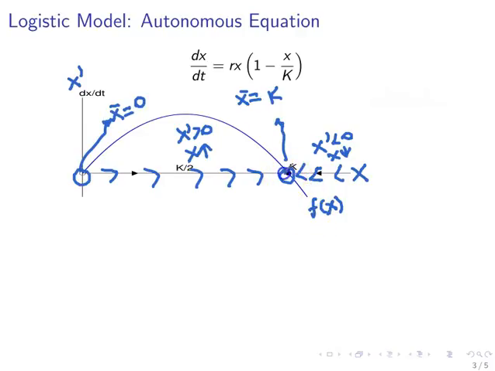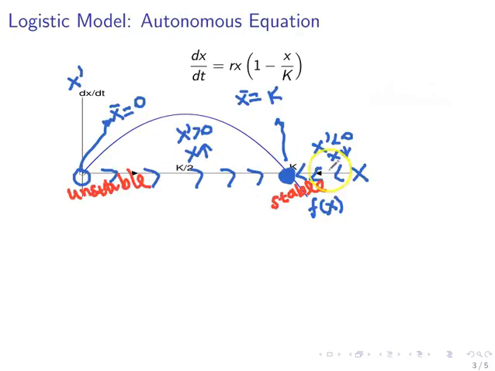According to this one-dimensional flow analysis, we would classify the non-zero equilibrium point x bar equals k as a stable equilibrium, while the trivial equilibrium x bar equals 0 would be classified as unstable.